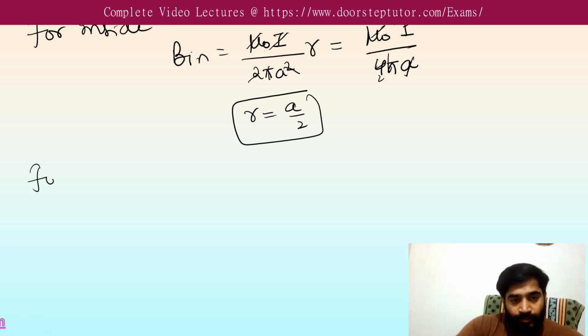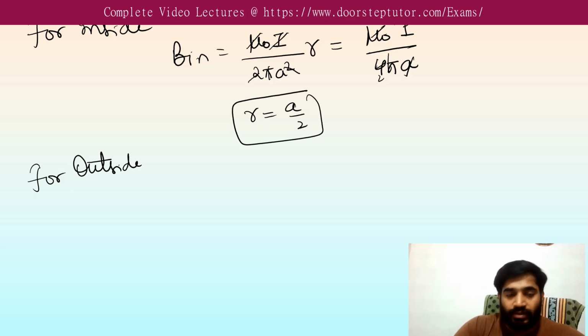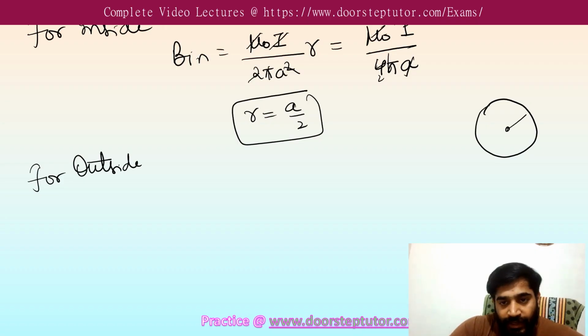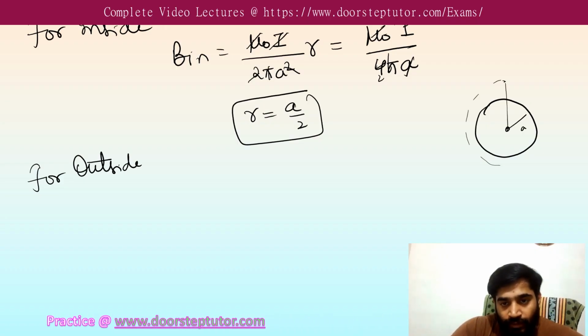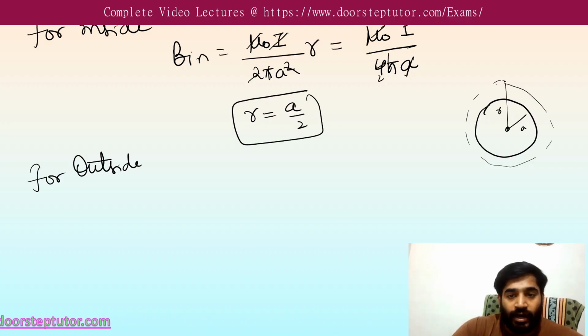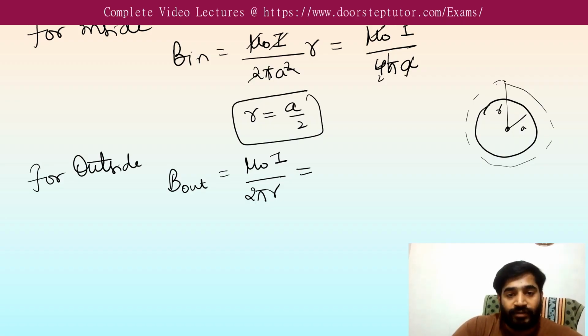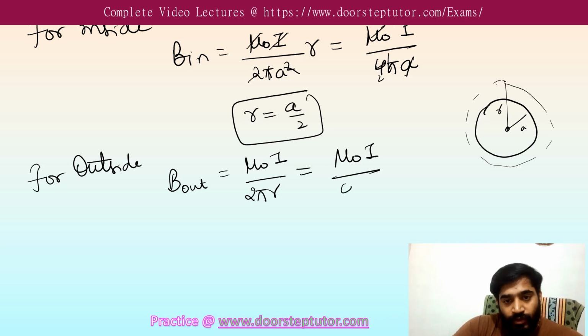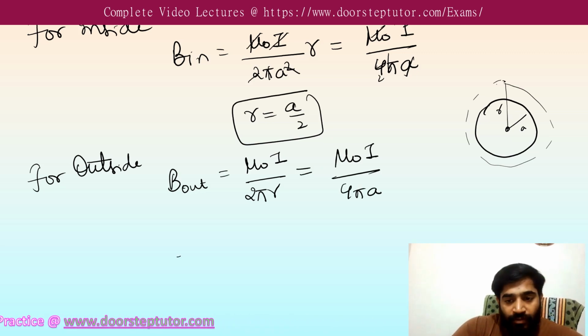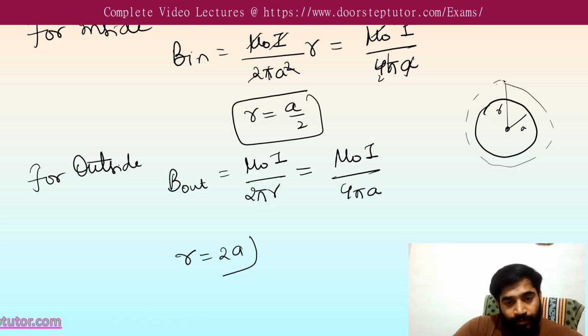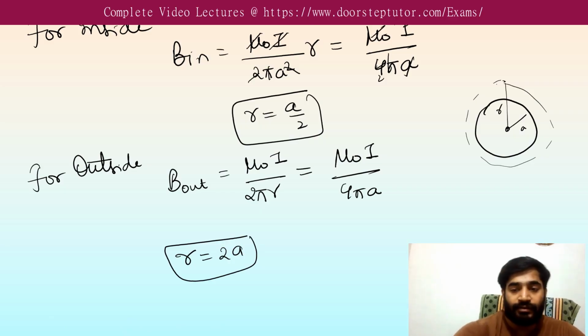For outside, as you know the graph, this is your wire cross section of radius A, and the point is out here at distance R. The field is given by mu naught I over 2 pi R, but it must be equal to half of the maximum, which is mu naught I over 4 pi A. So from here, R equals 2A.